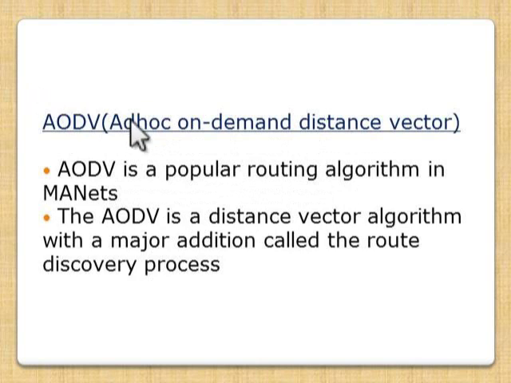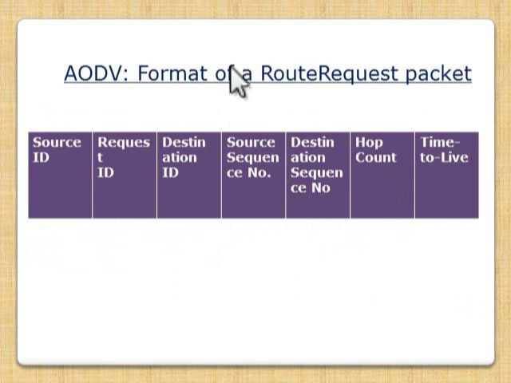The third one is AODV, Ad hoc On-demand Distance Vector. AODV is a popular routing algorithm in MANET. AODV is a distance vector algorithm with a major addition called the route discovery process. The format of the route request packet is: source ID, request ID, destination ID, source sequence number, destination sequence number, hop count and time to live.